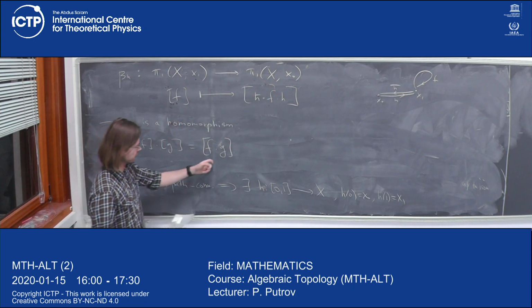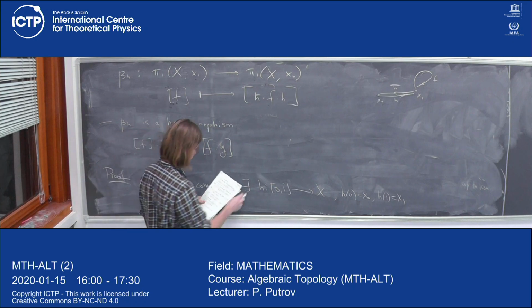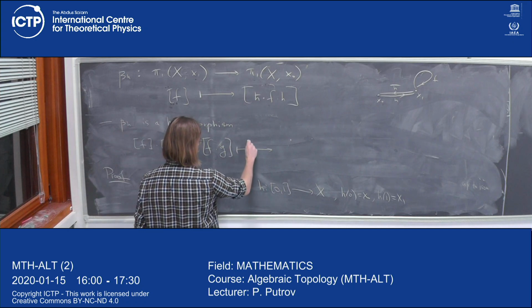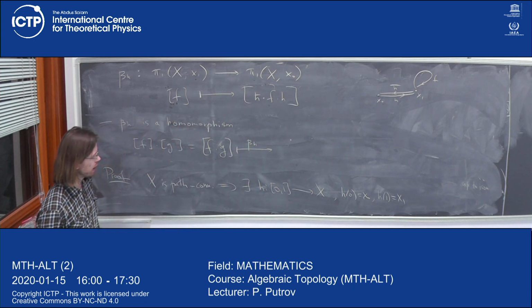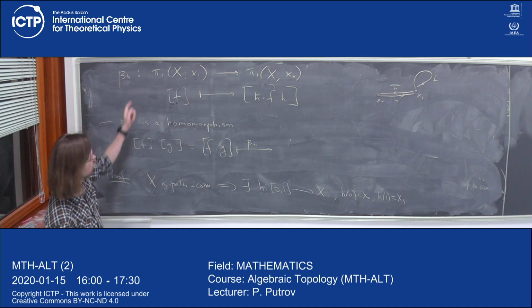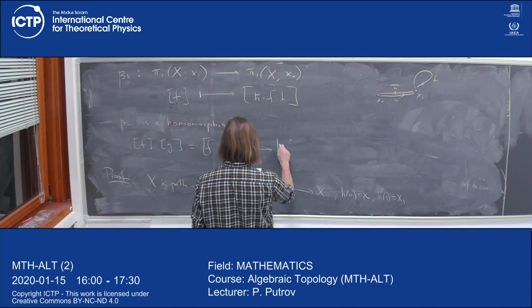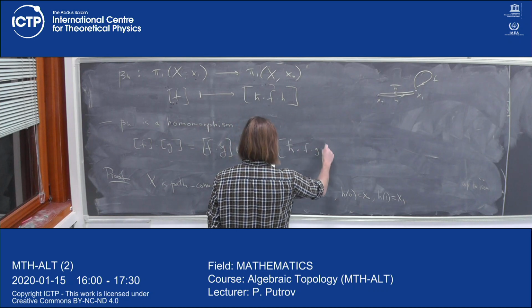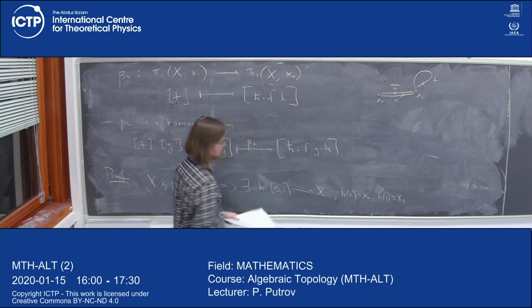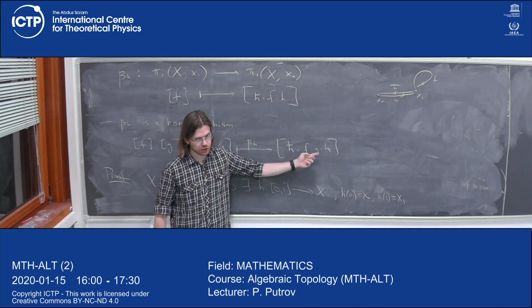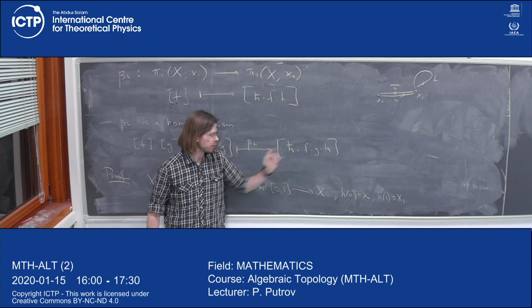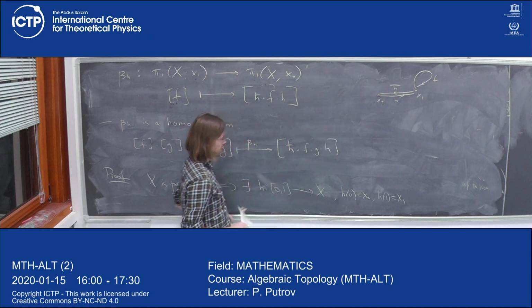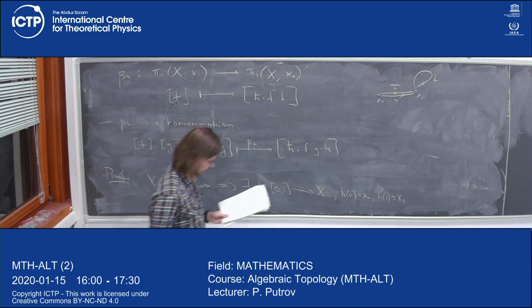So I take this product. First I can rewrite it like this using the definition of the product in the fundamental group, and then the result of my map is the following. By definition, this is the following composition. As we learned, if I consider equivalence classes, the order of this composition doesn't matter, so I can forget about brackets, because up to homotopy all possible orderings of compositions are the same.